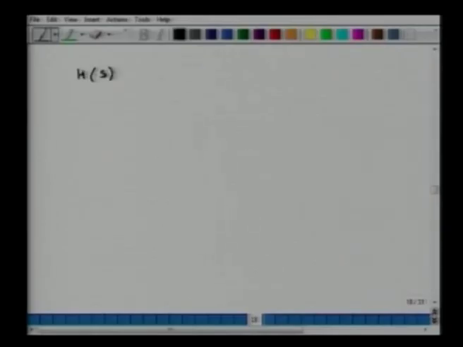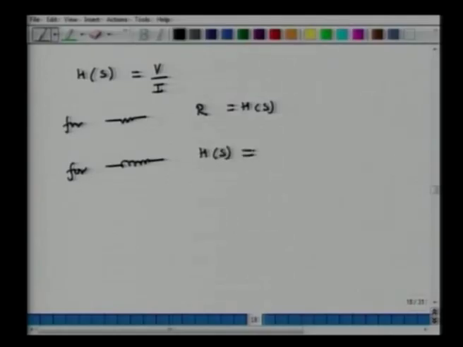So H(s), if my transfer function is V over I, then for a resistance my transfer function is R. This is the current going through the resistance and the voltage across the resistance, and the ratio is R. For an inductor with value L, this number would be sL.